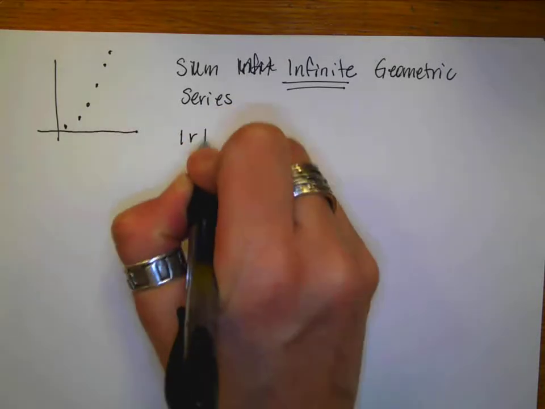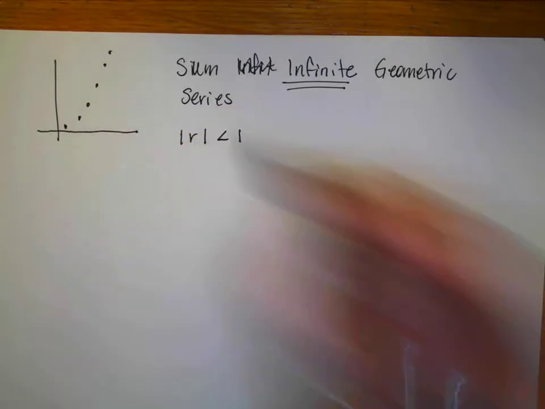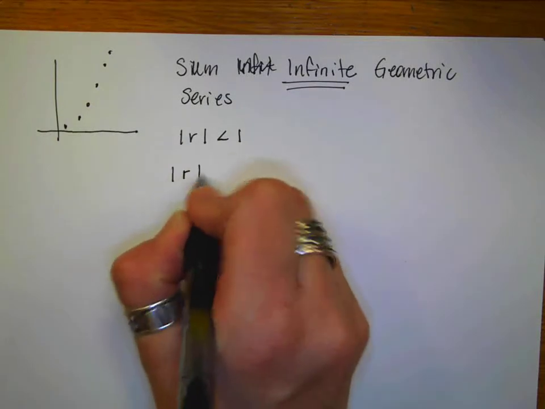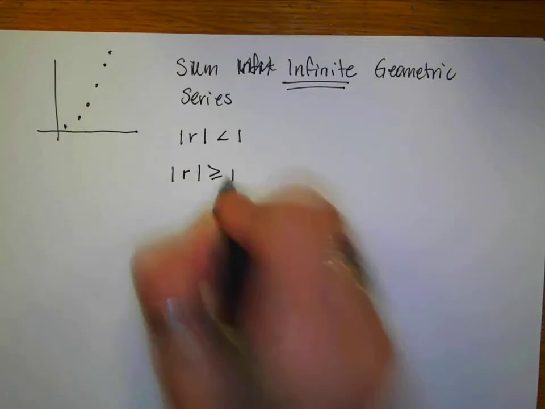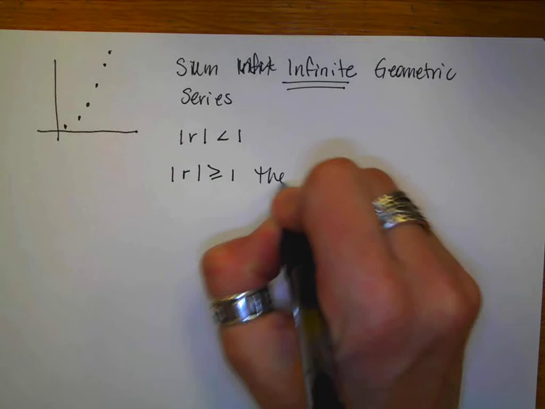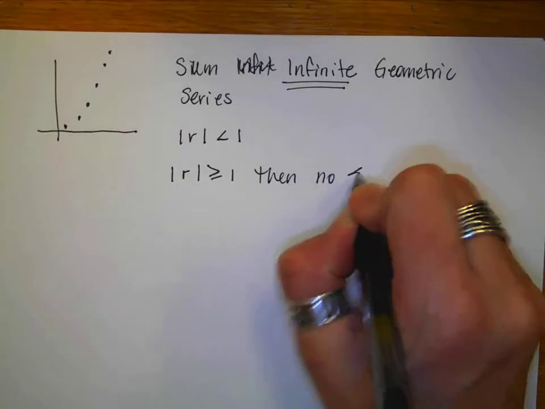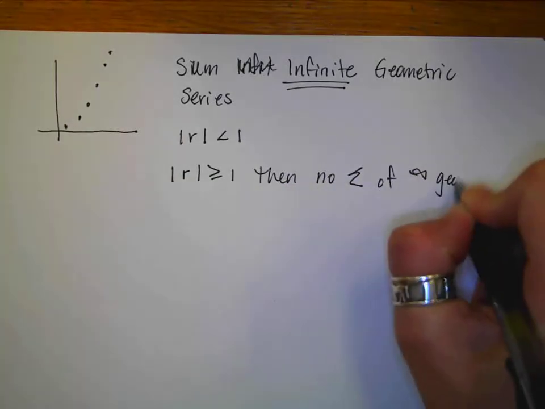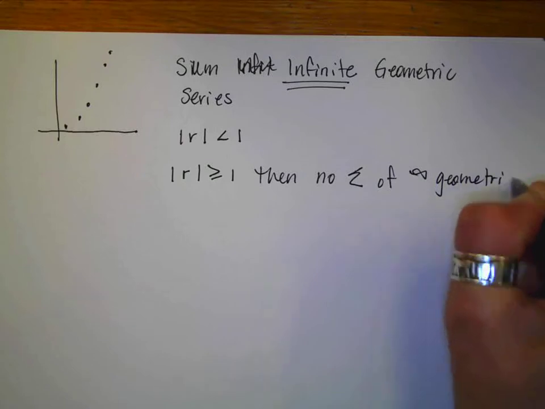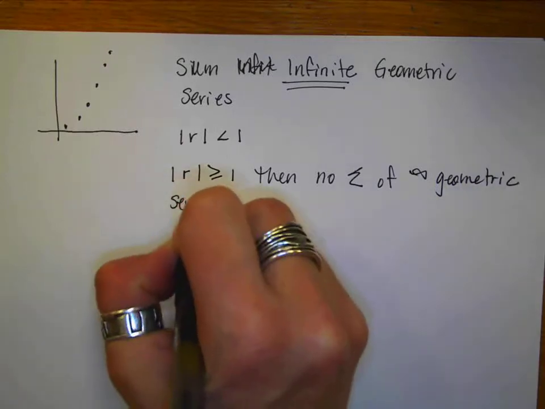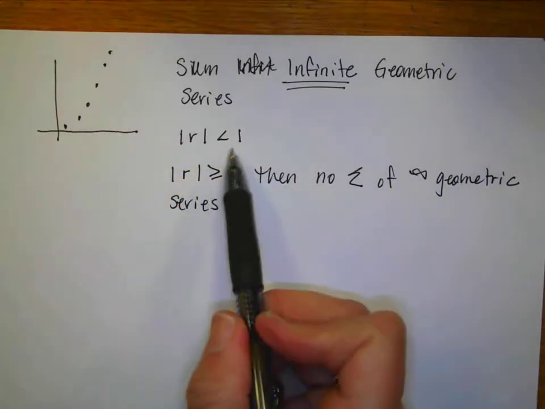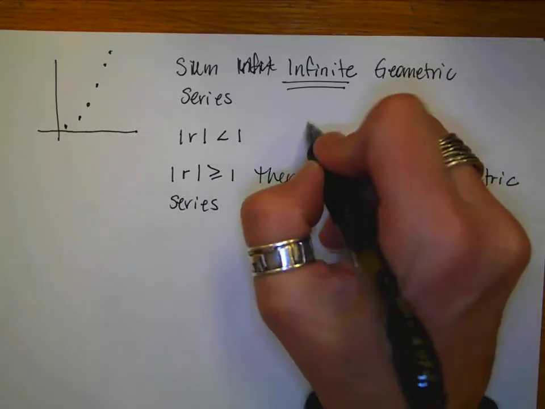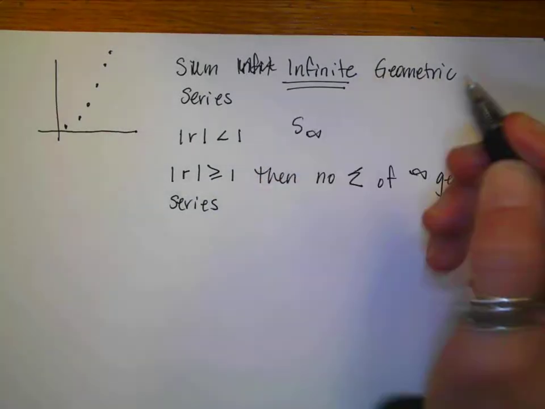We don't have this for an arithmetic, but we do have it for a geometric. We do have some qualifiers, though. On this one, the absolute value of r has to be less than 1. If the absolute value of r is greater than or equal to 1, then there's no sum of the infinite geometric series.